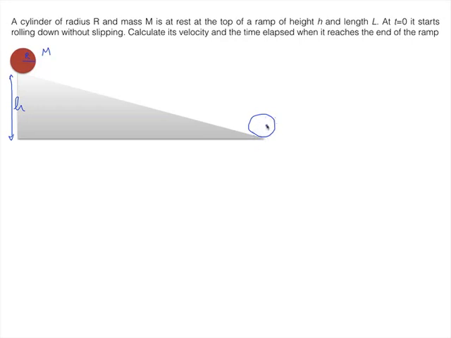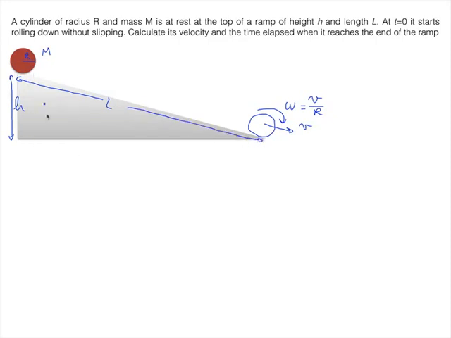At this instant it will have a linear velocity v, and also an angular velocity omega. We know that this angular velocity is related to the linear velocity by v over r. And let's call L the length of the ramp.